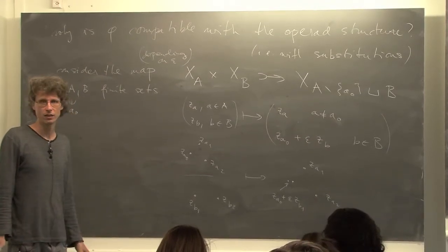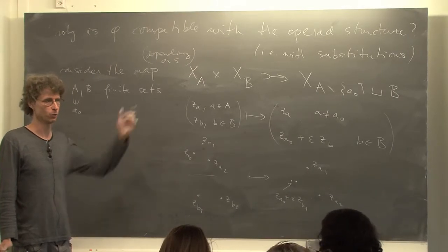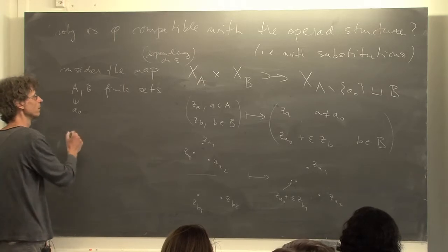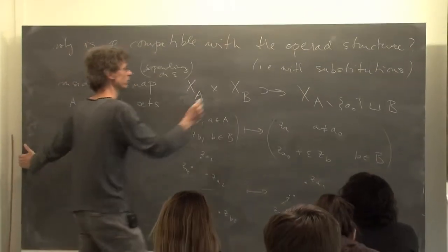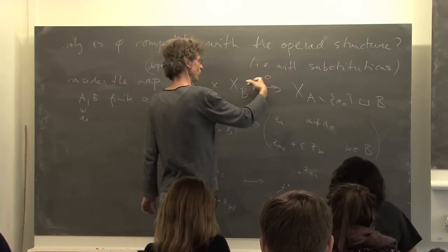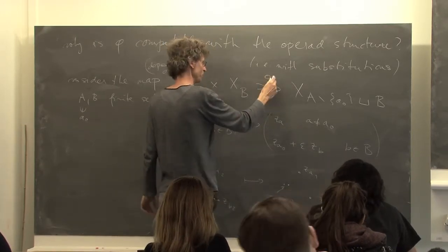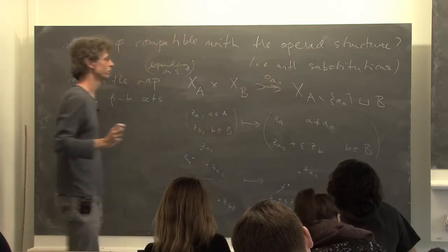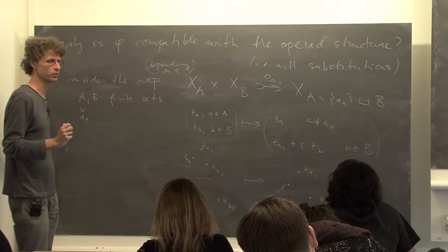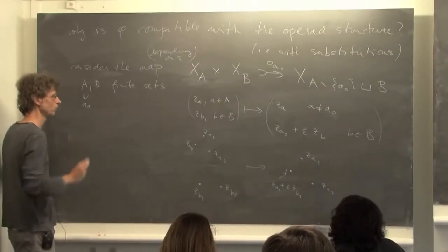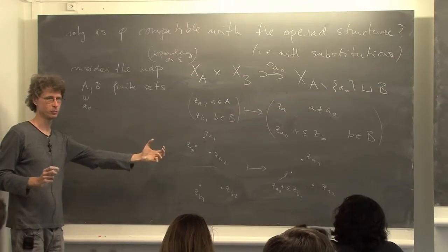And now what's happening with the KZ connection when you do this replacement? Let's call it this. It's actually somehow an operad composition, so I'll use little o, A0, for this map. It depends secretly on that epsilon. So what's happening with the KZ connection when we do this substitution?